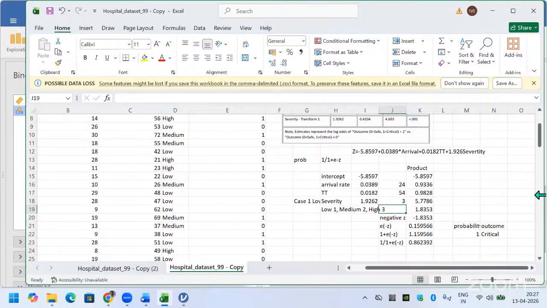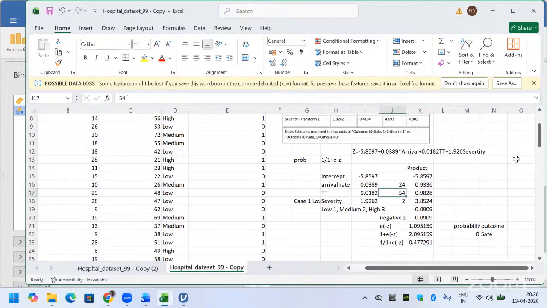I have shown 1, 2, 3, and especially severity is causing the major impact in terms of outcome. If it becomes 3, automatically the outcome is going to be critical, and the probability of getting an issue is more. If it is 2, the probability, if you see here, is 0.477, almost equal to 0.5.